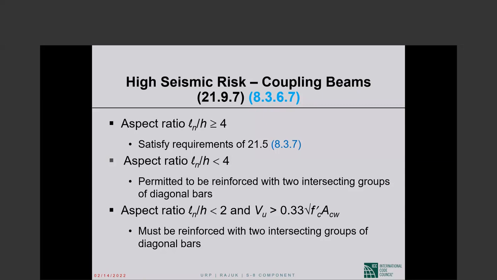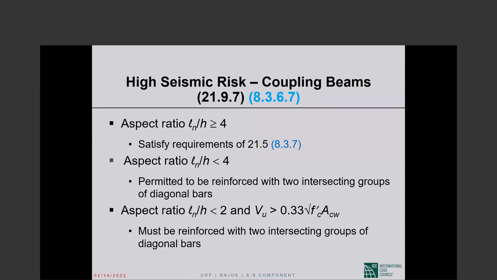So the requirements are: if the clear span to total depth ratio, clear span L sub n to total depth h, is larger than or equal to 2, you detail your coupling beam as if it is a special moment frame beam.